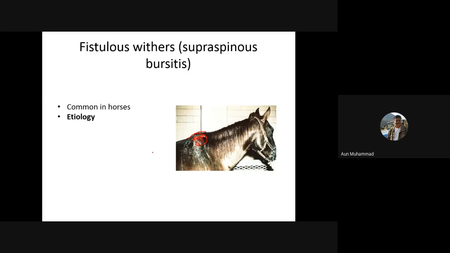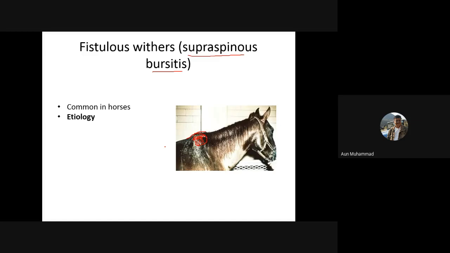So this condition is called fistulous withers, and in fact it is the bursitis of this area; the bursa that is present is called the supraspinous bursa, and this condition is the bursitis of the supraspinous bursa.